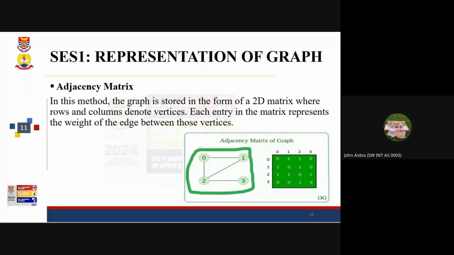It is a complete graph. Okay, anybody else? Richard. Disconnected. Anybody else? Disconnected, complete.